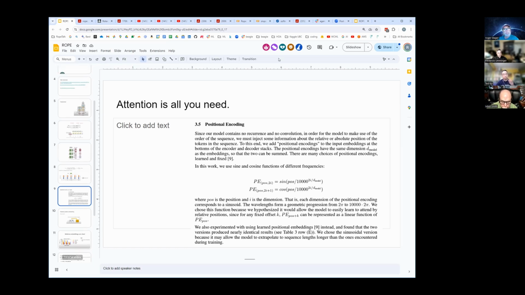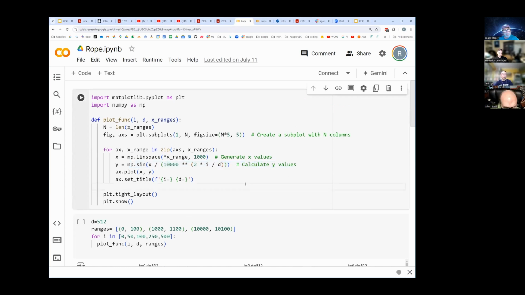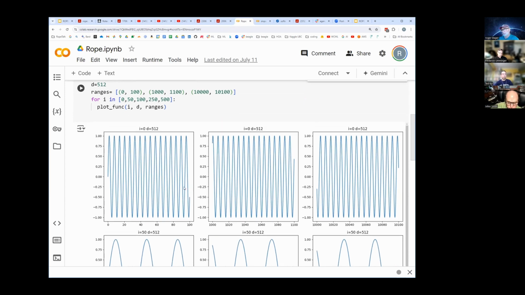The other thing I had done was kind of code it up. So this was just coding up that equation for the sine, cosine, and I was just plotting the sine. But to emphasize, what do these dimensions look like? I'm plotting from position 0 to 100, from 1,000 to 1,100, and 10,000 to 10,100.